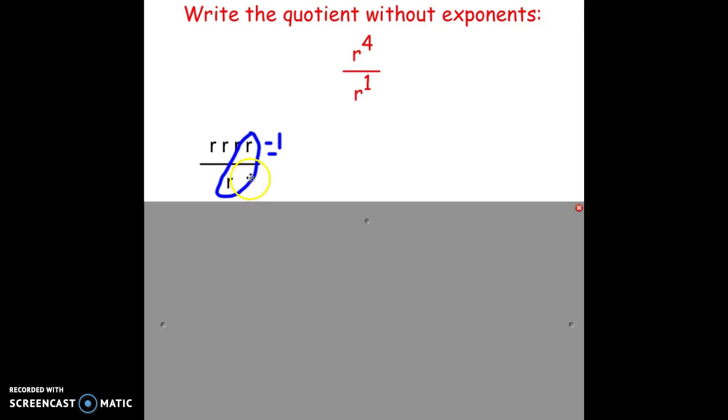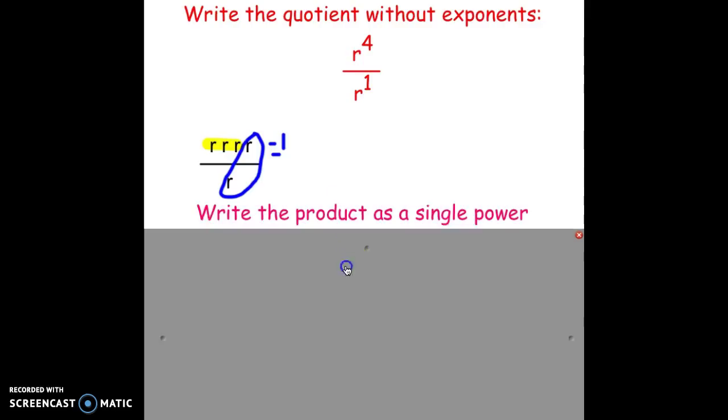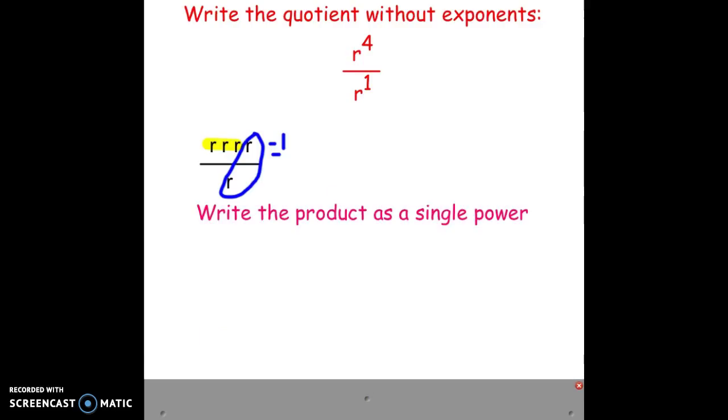When I do that, I'm left with 3 r's remaining. So to write this with a single exponent, since I have 1, 2, 3 left over, it's r to the third.